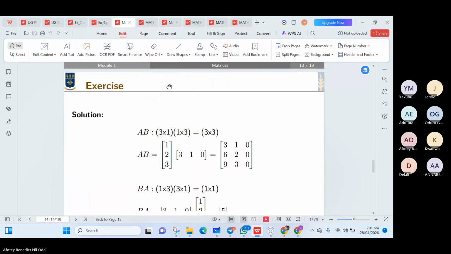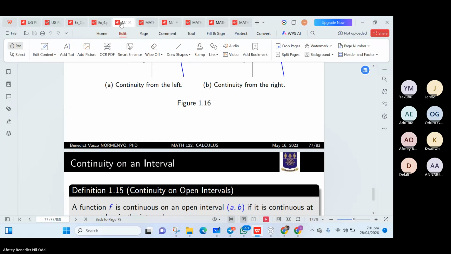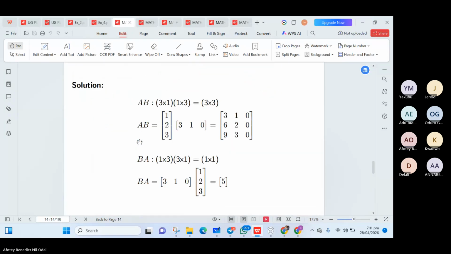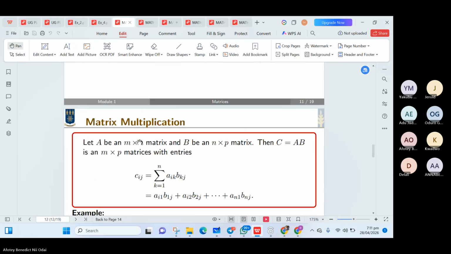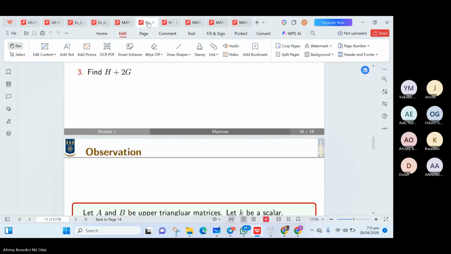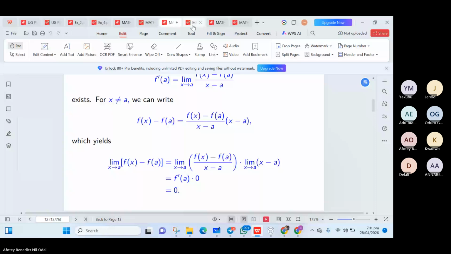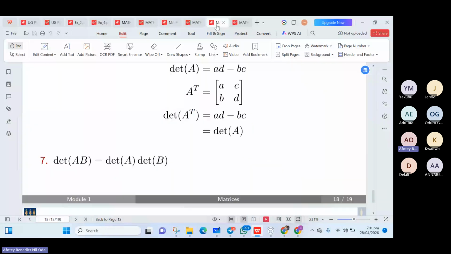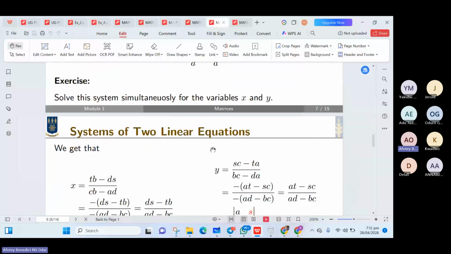Let me check this real quick. Transpose. I'm looking for a particular slide to find. Just a minute.